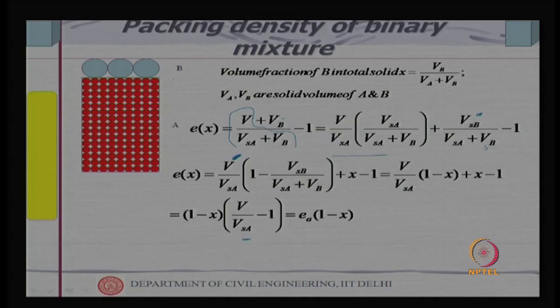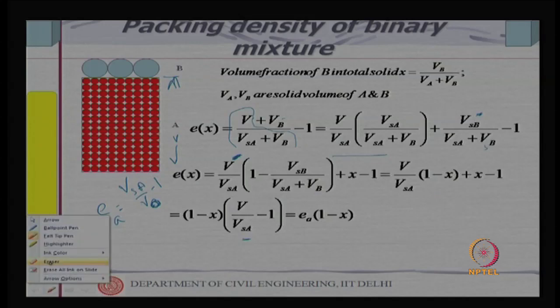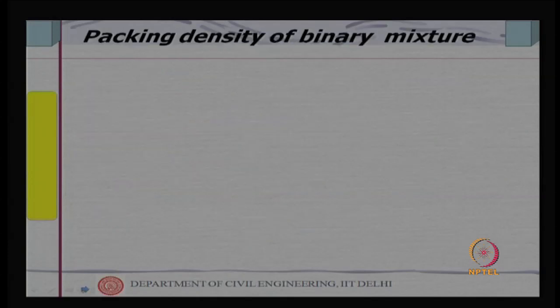In the same total volume, original volume V, e_A will be defined as V_SA divided by V_A. If it was packed alone, V_SA divided by V minus 1 is nothing but e_A. So, e_A into 1 minus x. That is how we come across that it reduces linearly as I increase the volume fraction of B.